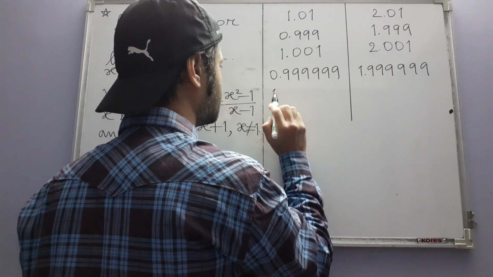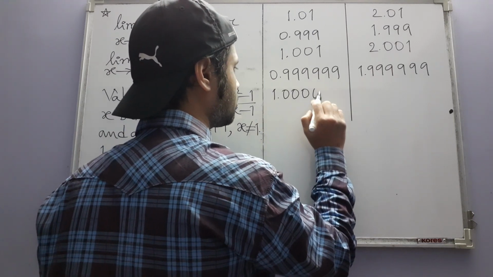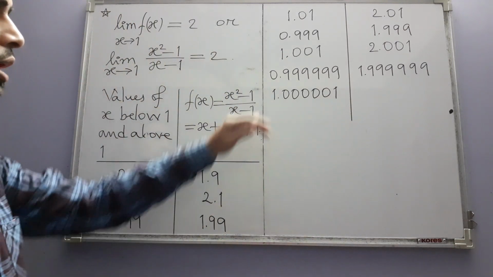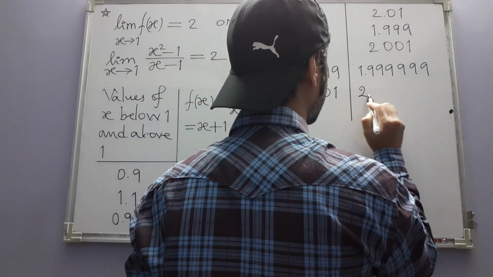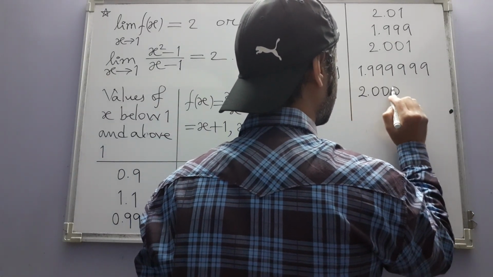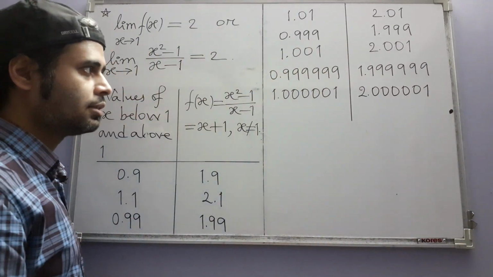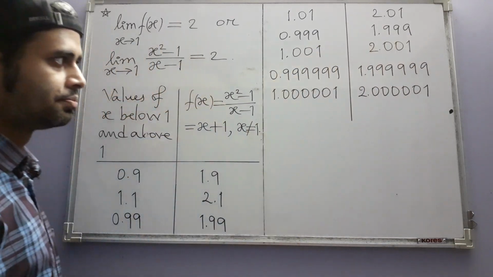Similarly, if one considers this value, which is close to 1, much closer than this one, then the corresponding value also gets much closer to 2 than this one is.